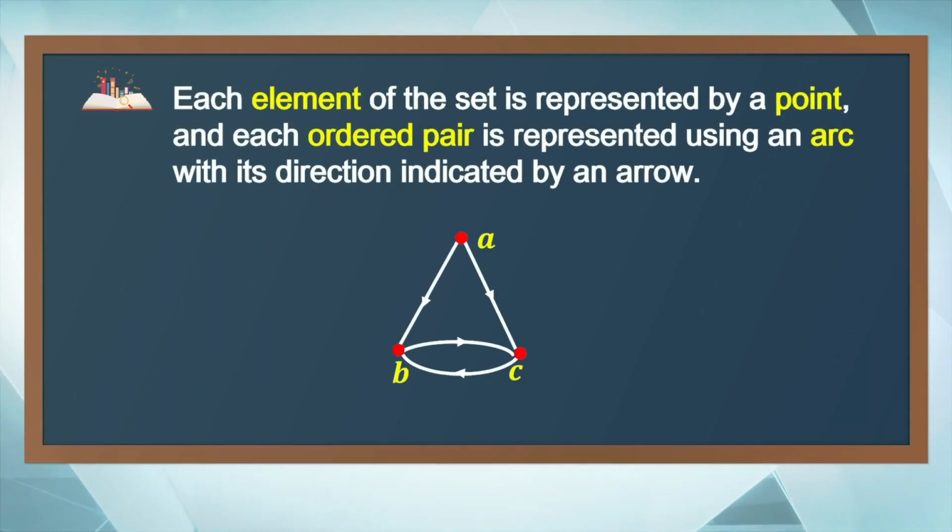Each element of the set is represented by a point, and each ordered pair is represented using an arc, with its direction indicated by an arrow. We use such pictorial representations when we think of relations on a finite set as directed graphs. A directed graph consists of a set of vertices together with a set of ordered pairs called edges.